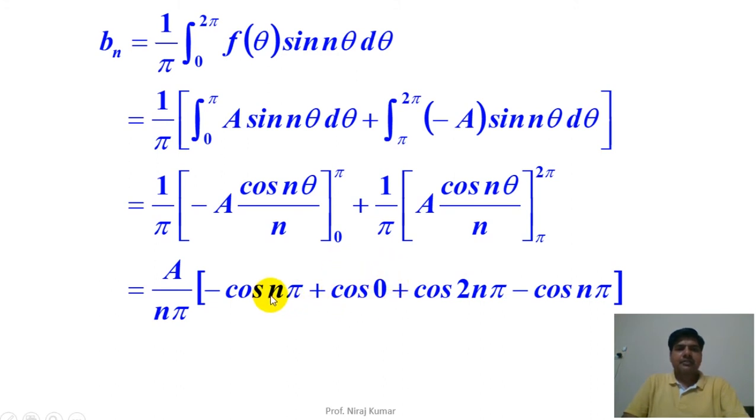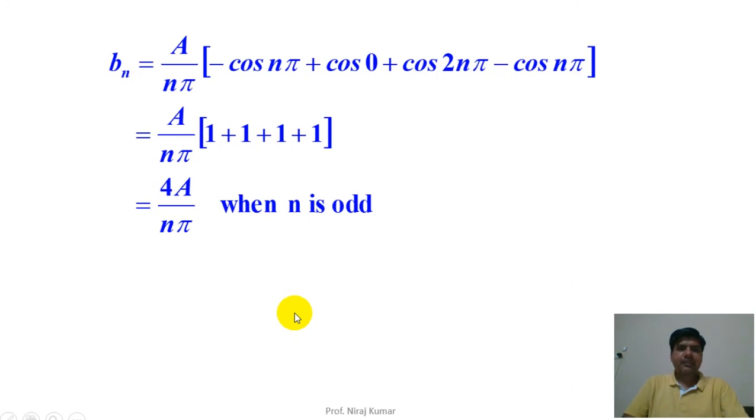The first term and the last term are sensitive to odd or even value of n. So if n is odd, this will also give plus 1 and this will also give plus 1. So the total value is 1 plus 1 plus 1 plus 1 equal to 4. So we will have Bn equal to 4a by n pi when n is odd.